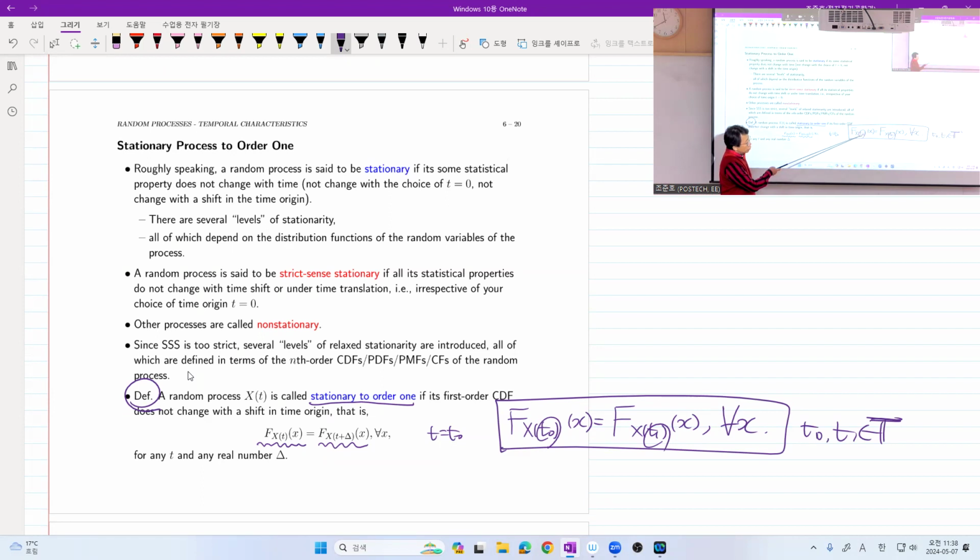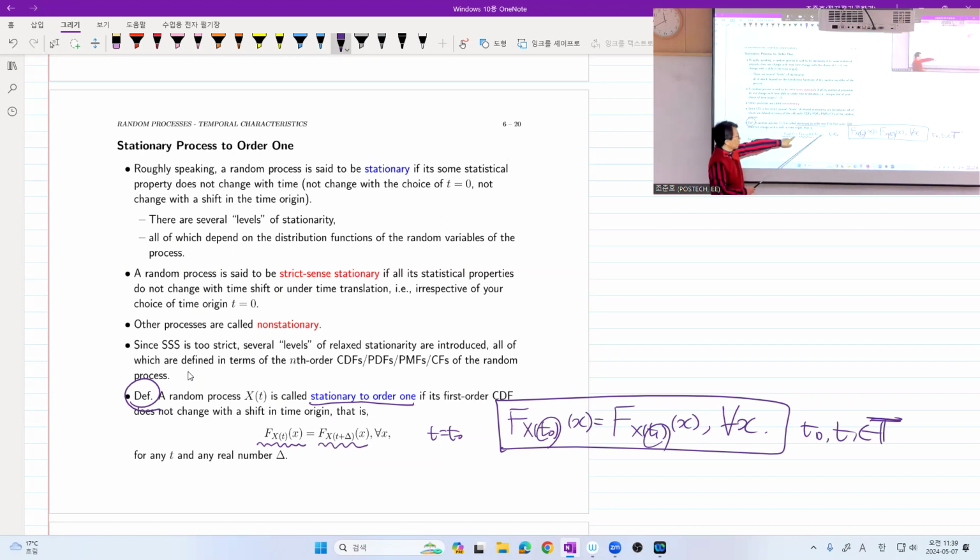How can you rewrite this one? That is this idea. Do you see the difference? Here, I have chosen 2 time instants to describe stationarity to order 1. That is somewhat strange, right?